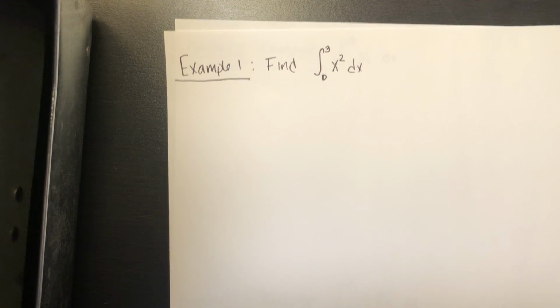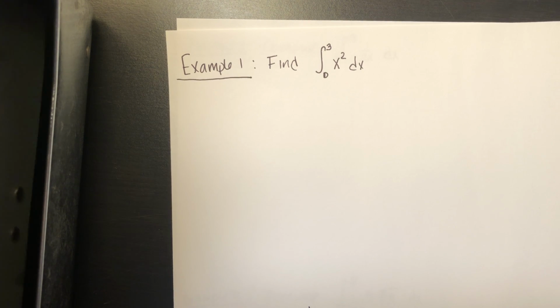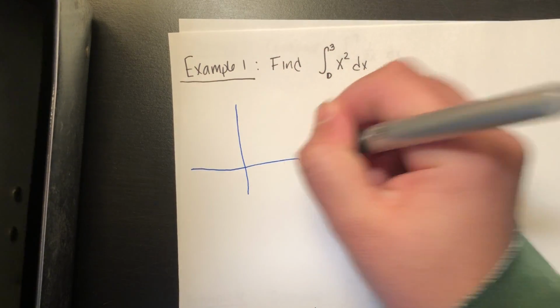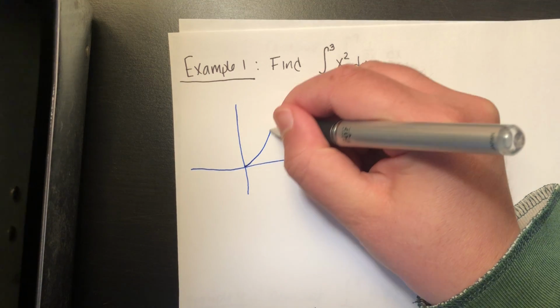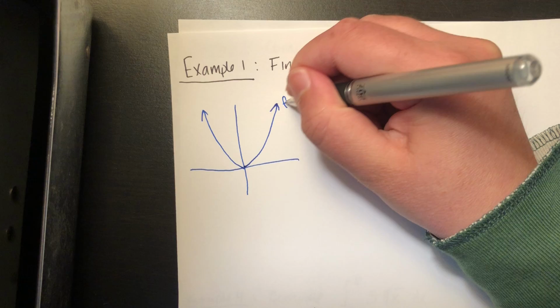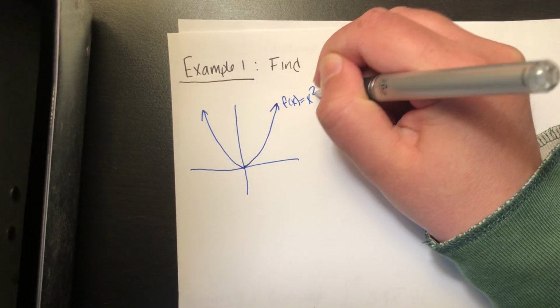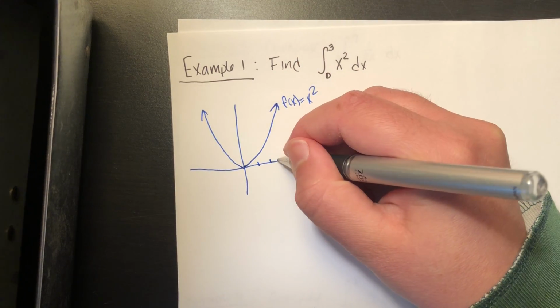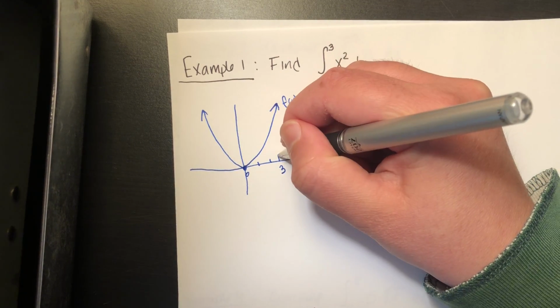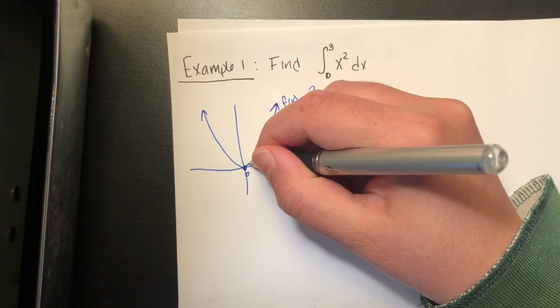So I'm going to bring us back to the very first example that I did at the beginning of section 4.2. I said, how would you find the area under this curve x squared, which is a parabola, right? X squared looks like this, over the interval from 0 to 3. 0 to 3 would be this area right here.